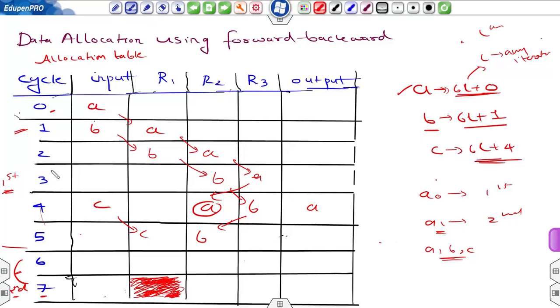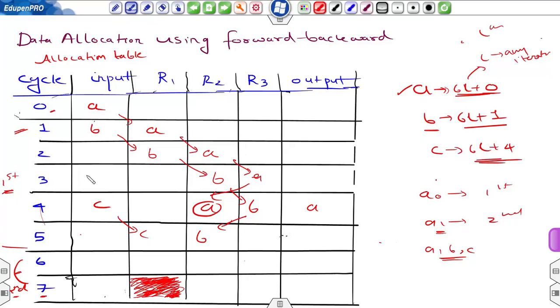Okay, the same thing we have to check for variable B. So B is generated in the first cycle, it is at input, and in the second cycle it is in register R1, but we have drawn only till the 7th cycle. Okay, so no need to worry about that. And C is generated in the 4th cycle, and it will be generated next in the 10th cycle, so we don't have to worry about C also.